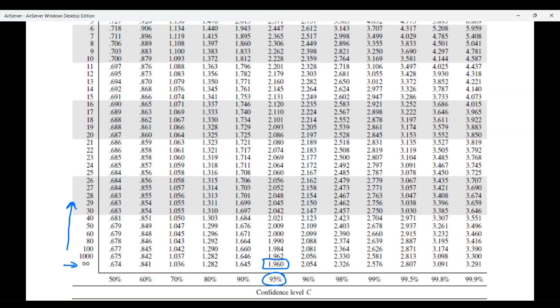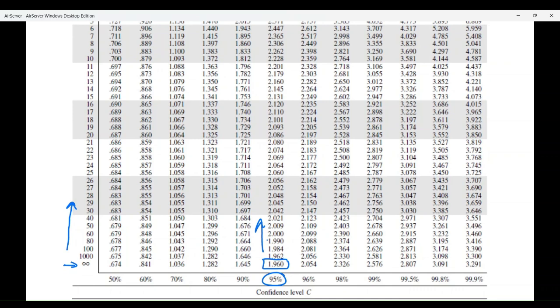So to compensate for that, notice that the t-values are actually getting bigger as we go up that chart. So as your sample size gets smaller, t gets bigger to compensate and basically to stretch out that interval to compensate for the smaller standard deviation. Okay, so hopefully that makes sense.